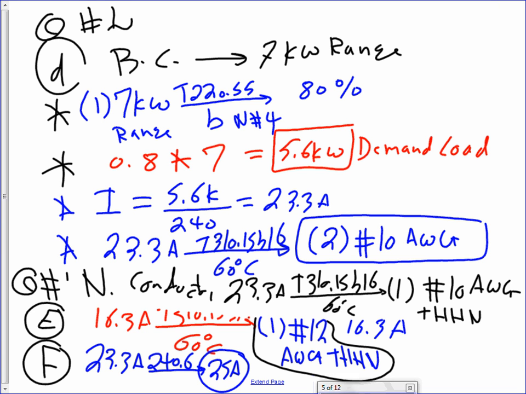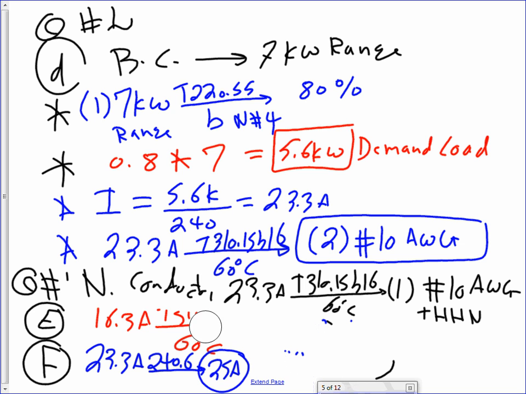I apologize. For the neutral, we don't apply the derating factor. I'm just reading, I forgot: if you read the derating, the 70% does not apply to the branch circuits. So we're not going to do it for the branch circuits. Can you guys adjust this one again? My apology.